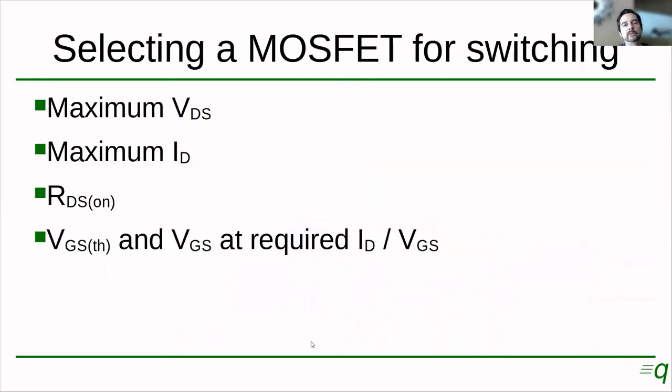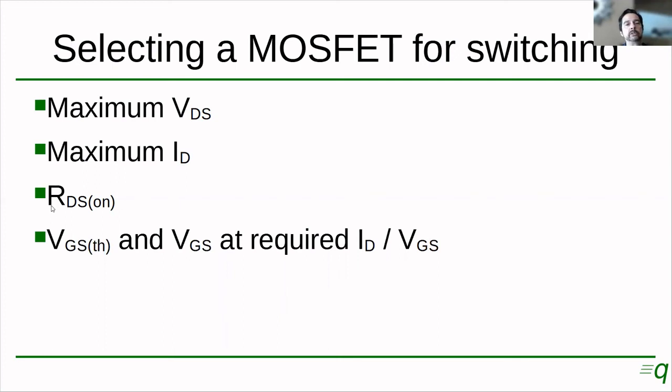so if we want to select a MOSFET for switching, the characteristics that we have to keep in mind are the maximum VDS, so the maximum voltage between drain and source that the transistor can withstand when it is off, then the maximum drain current that the transistor can withstand when it is fully turned on. RDS on, which is the equivalent drain to source resistance when the transistor is fully on.